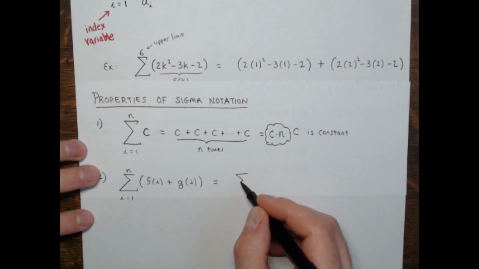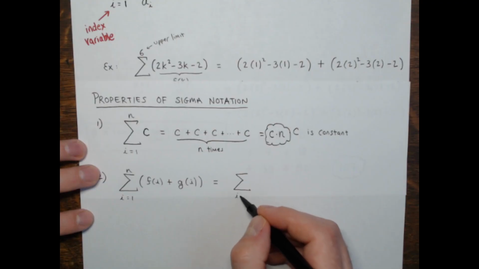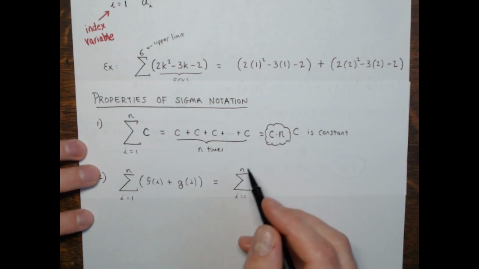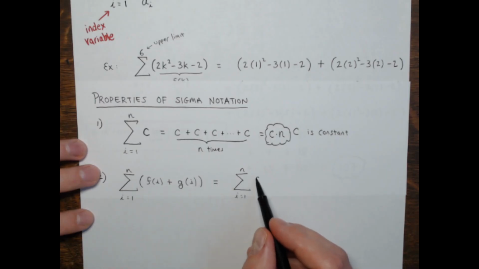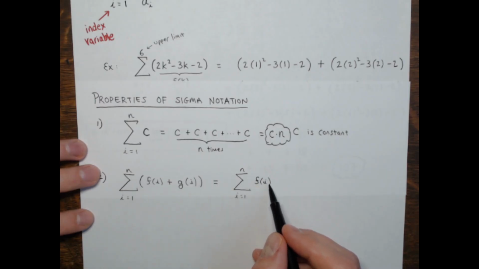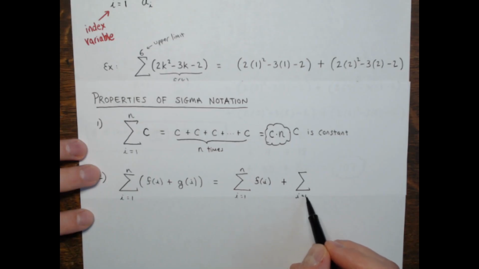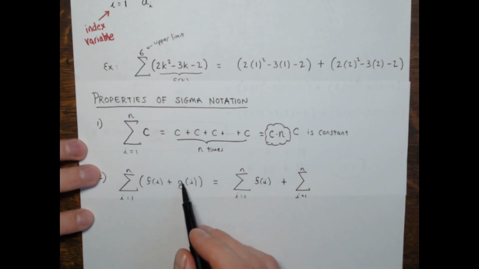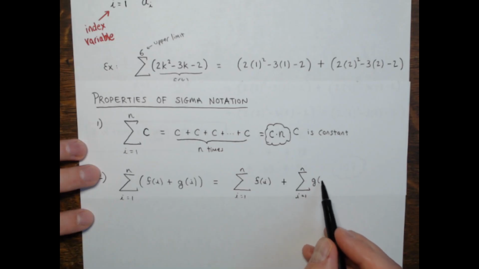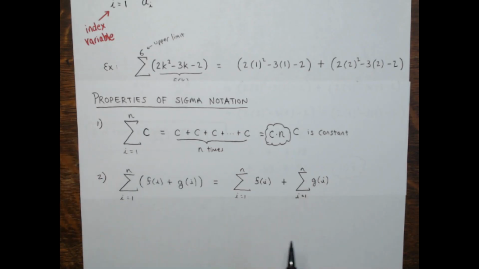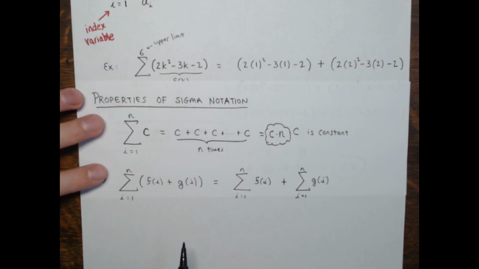So this should be equivalent to the sum from I equals 1 to n of these f of I parts of the expression, then plus, the sum from I equals 1 to n of the g of I. So you can go term by term and evaluate the sum term by term.